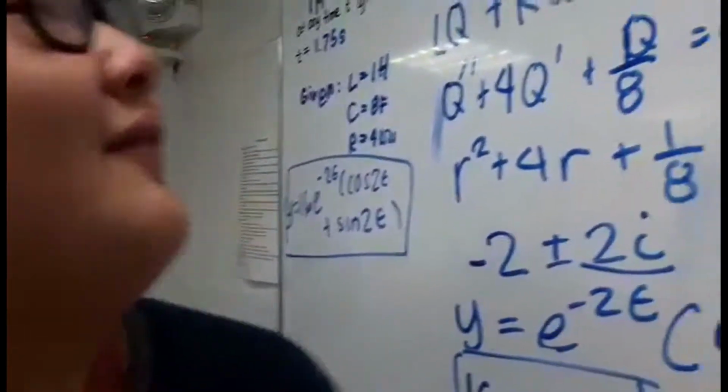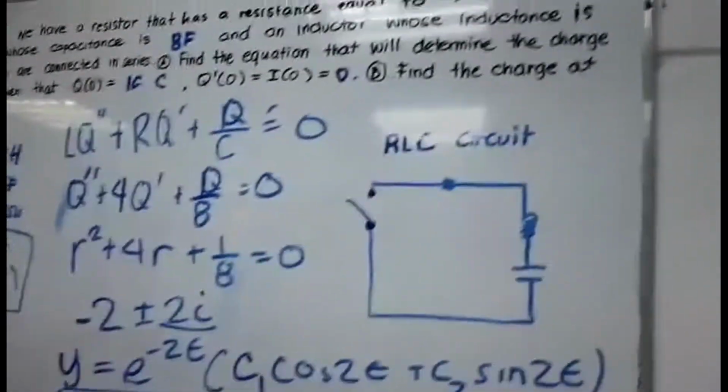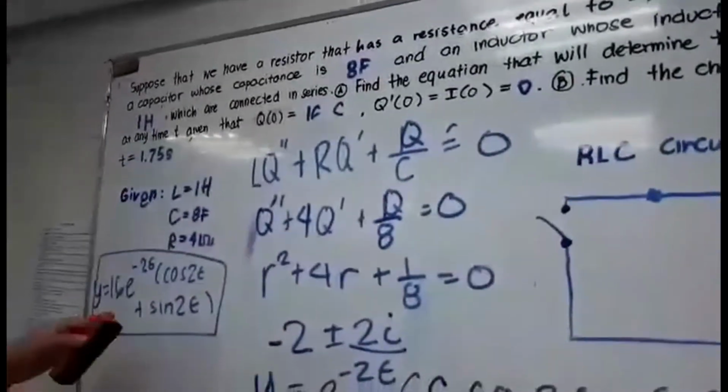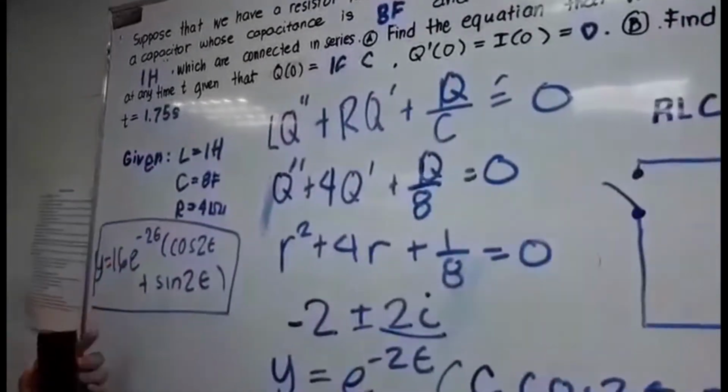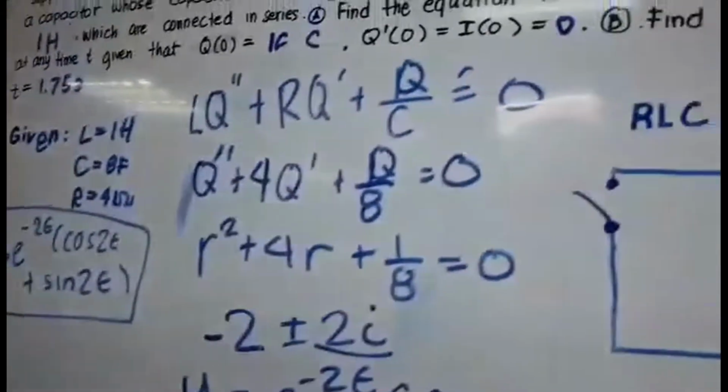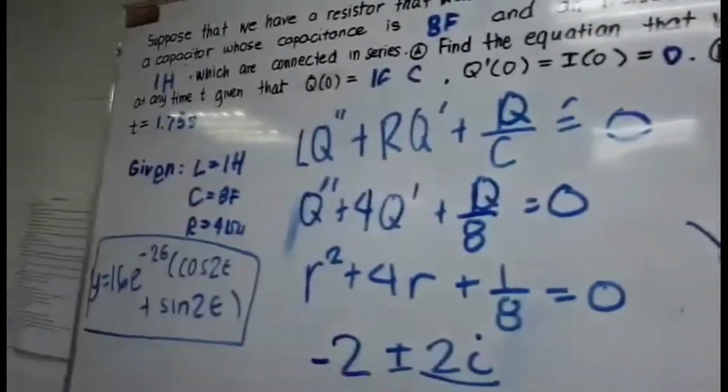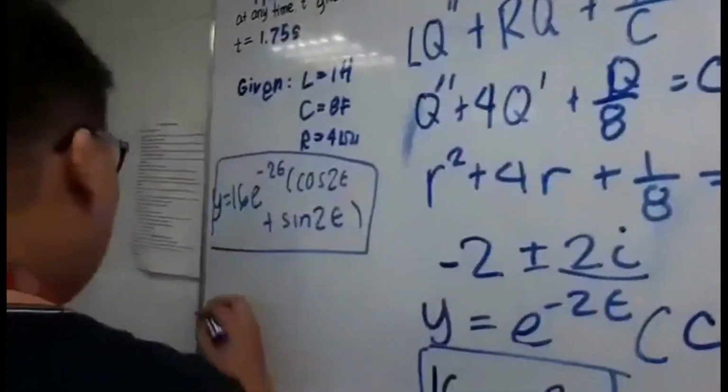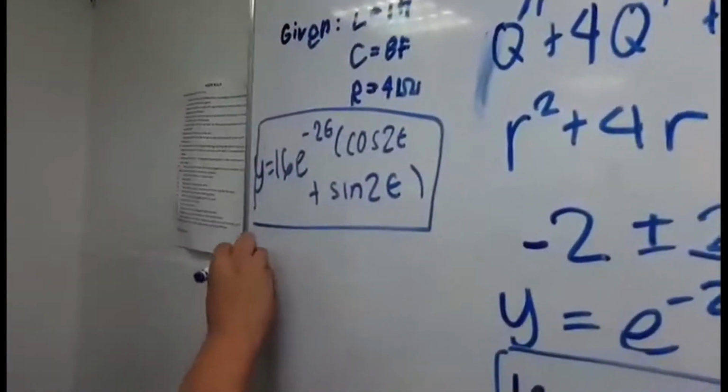Here, this is the value of the charge of the capacitor at any time t. In letter B, we're going to find the charge at time equals 1.75. So this is very easy.